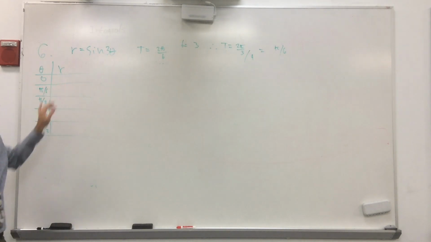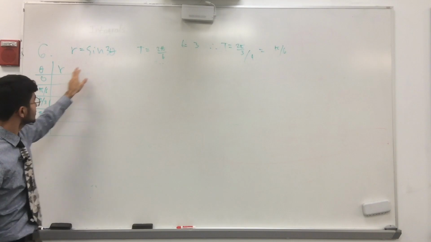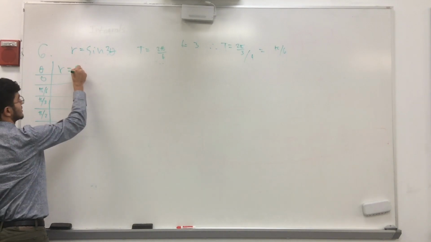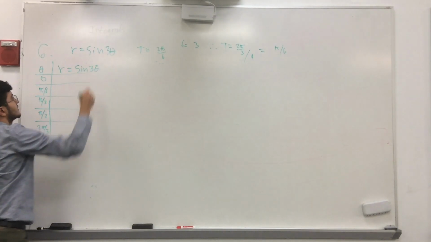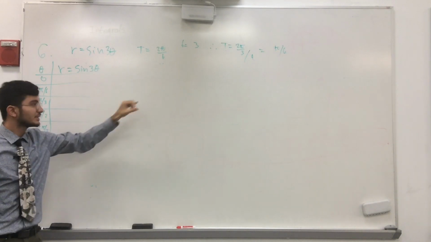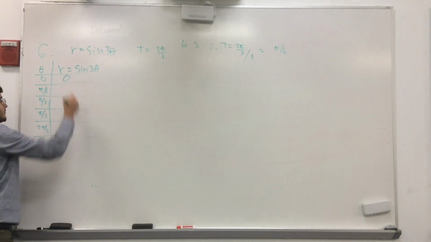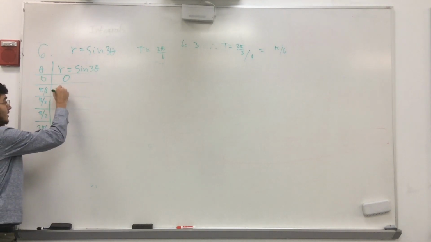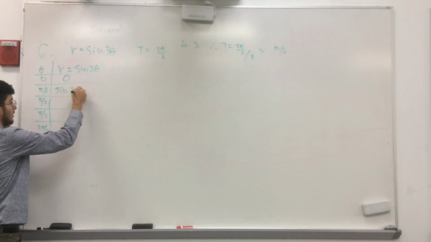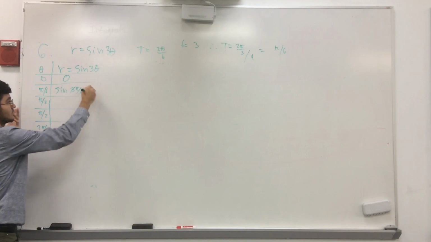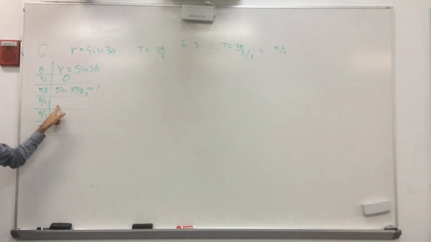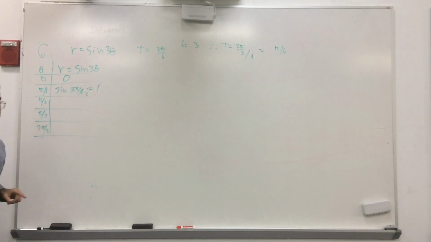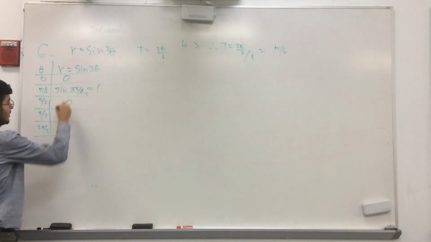Now we're going to substitute some values for r equals sin 3θ. Sin of 3 times 0 is sin 0, which is 0. Sin of 3 times π over 6 is sin of π over 2, which is 1. Sin of 3π over 3 is sin of π, which is 0.